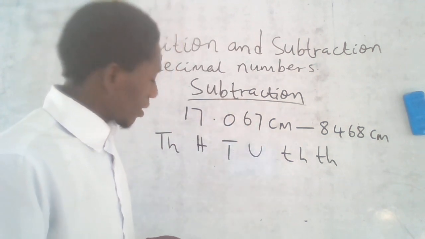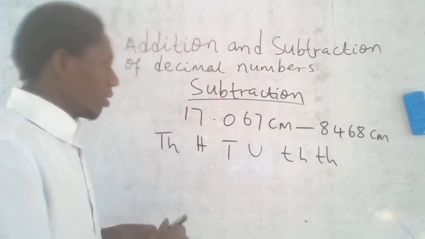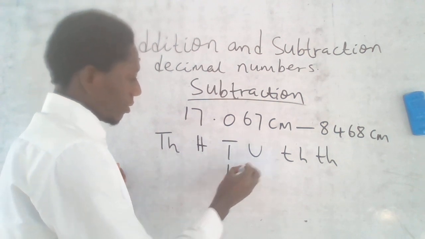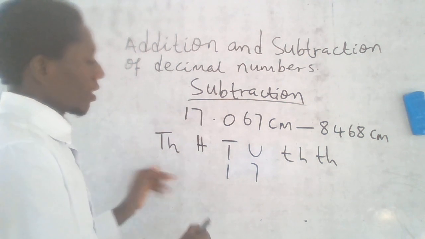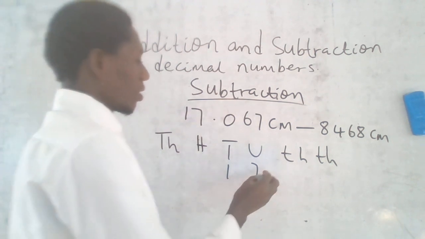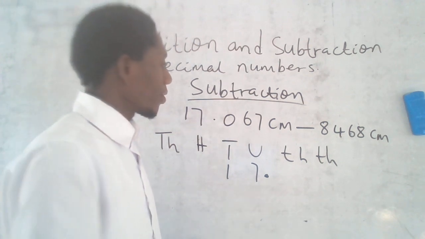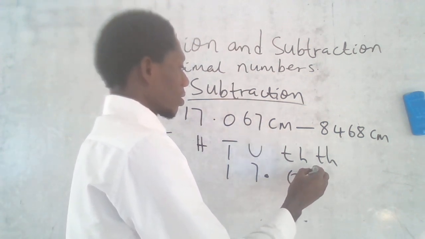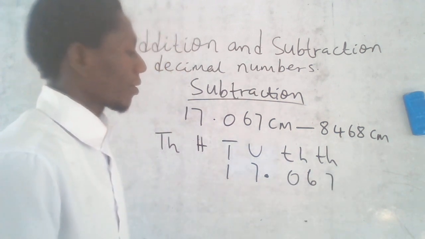So now 17 is up to 1,000 and it's up to 100. So this is the place for 17, tens and the unit. This is a 10 and this is a unit. Now you put your decimal point and then you have 0, 6, and 7.